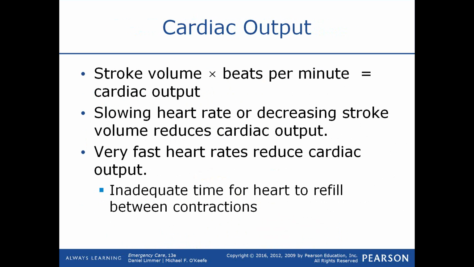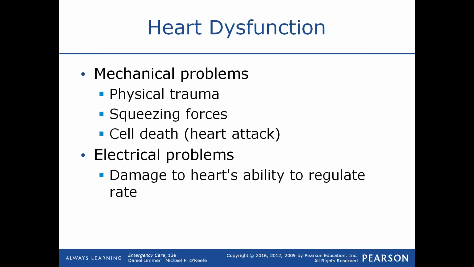You get that decrease in stroke volume, you're going to have a drop in cardiac output, and you're going to have a drop in blood pressure. So heart rates that are very fast decrease cardiac output because the ventricles don't have time to fill up with blood.